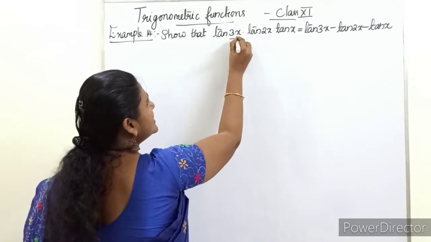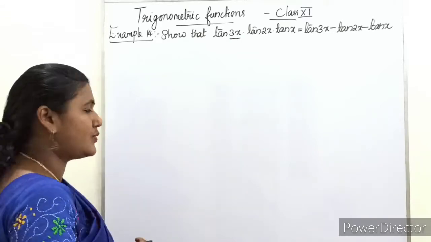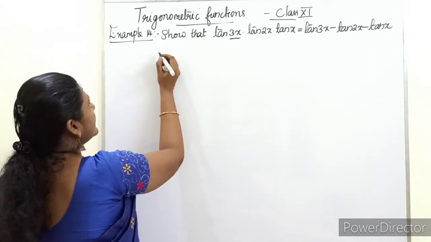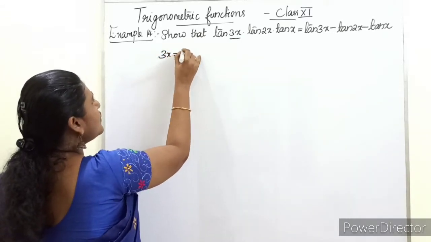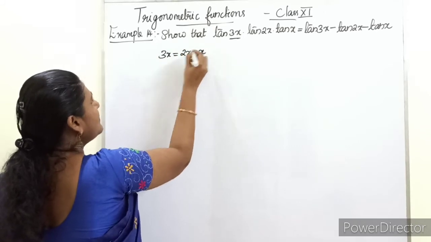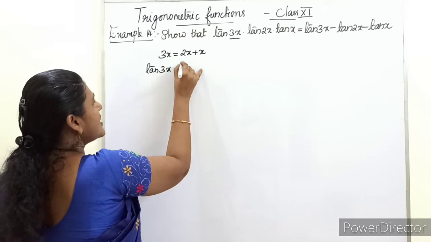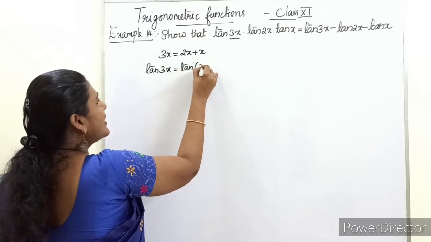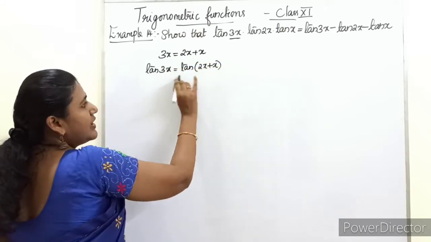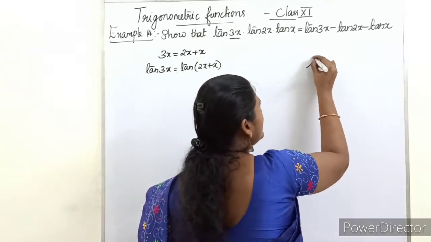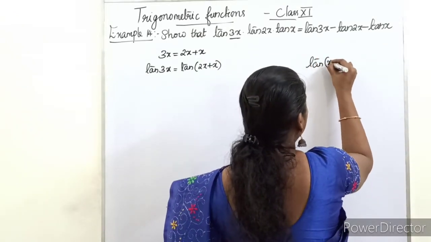For that, first we will take this 3x value. You know that 3x we can write as 2x plus x. So we will find out the tan 3x value. So tan 3x is equal to tan of (2x plus x). Here, which identity can we use? Tan of (x plus y).